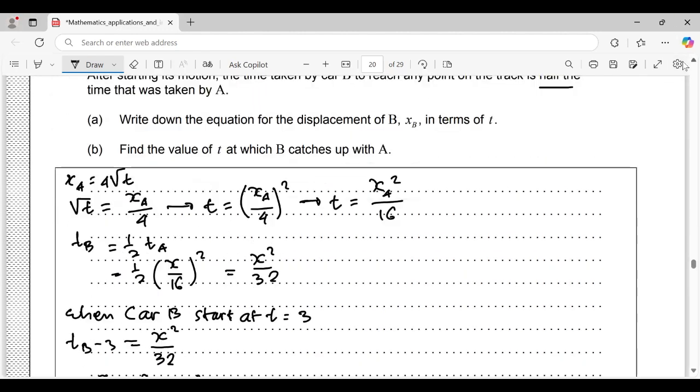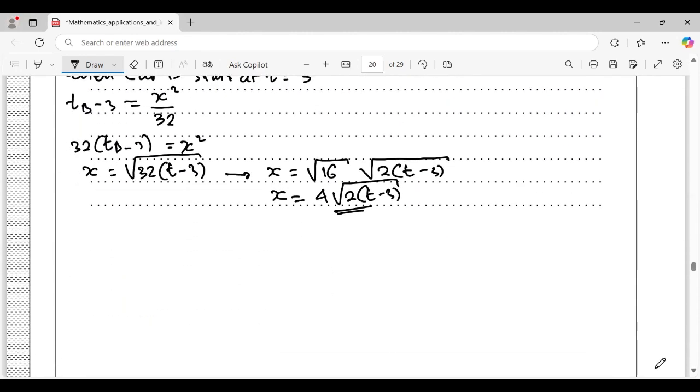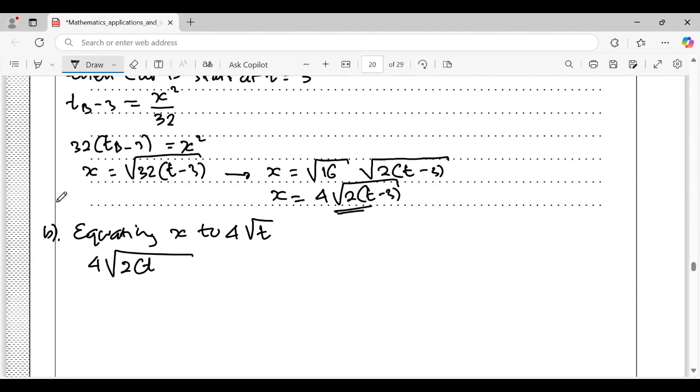Then part B, the question: find the value of t at which B catches up with A. Equating x to 4 square root t, we have 4 times the square root of 2(t minus 3) equals 4 square root t.